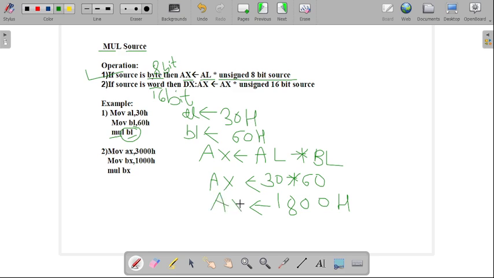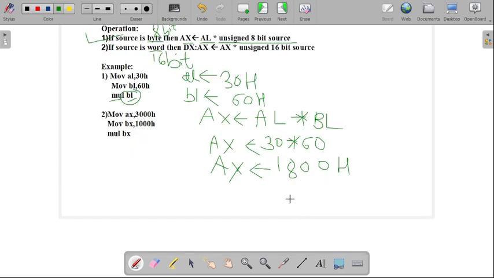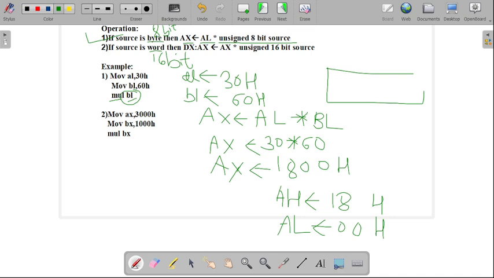How will the data be stored into the AX register? The contents of AH will be 18H and the contents of AL will be 00H. These are the values stored after performing the multiplication of 30 into 60. This is the structure given in the register structure of our programmer model.